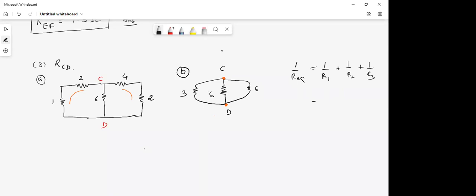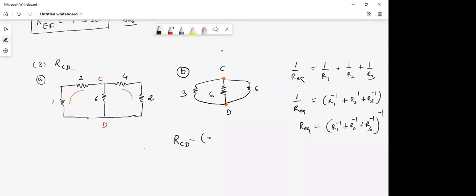What I'll do is, I'll simplify this for our calci purpose. But this gives me 1 upon R equivalent, and what I want is R equivalent. So we will take the inverse of the whole thing. Therefore we'll take this step and whole inverse. So obviously for your calci operation, we'll write like this: RCD is equal to 3 parallel 6 parallel 6.